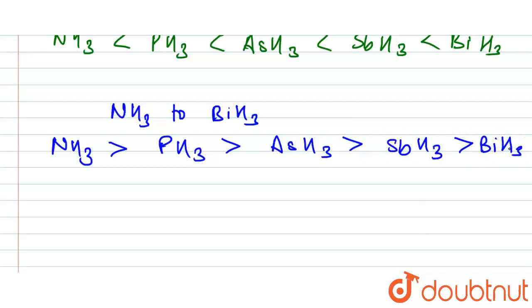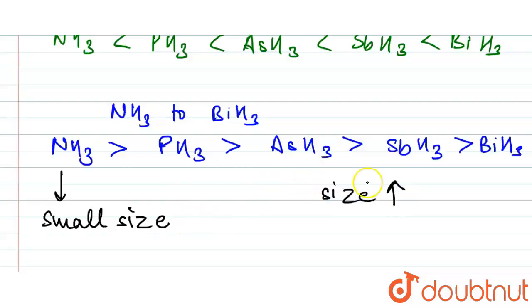Ammonia, NH3, is the strongest electron pair donor because of its small size. As we move down the group, the size increases, so the electron density gets diffused over a large region, and the ability to donate the electron pair decreases.